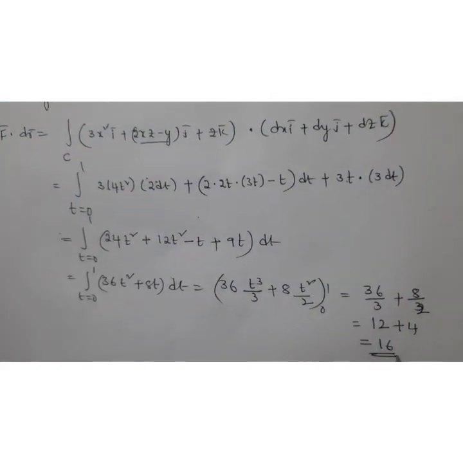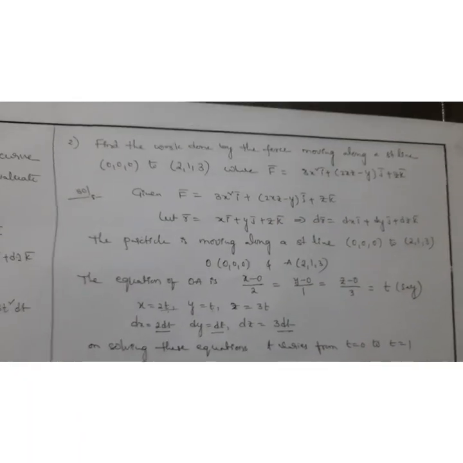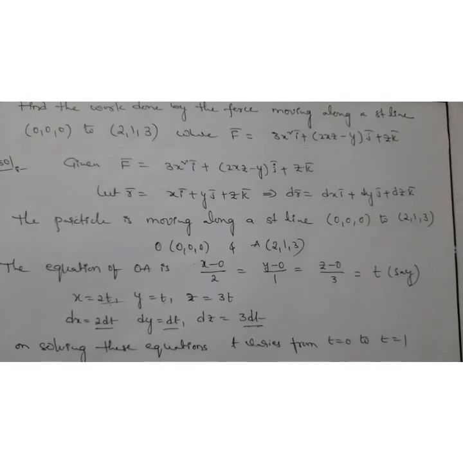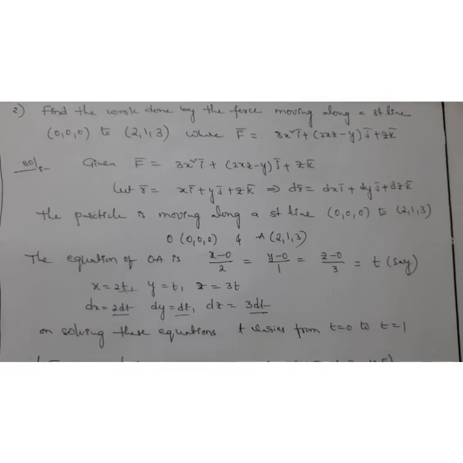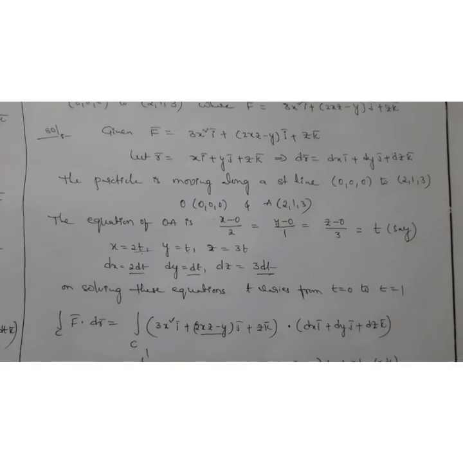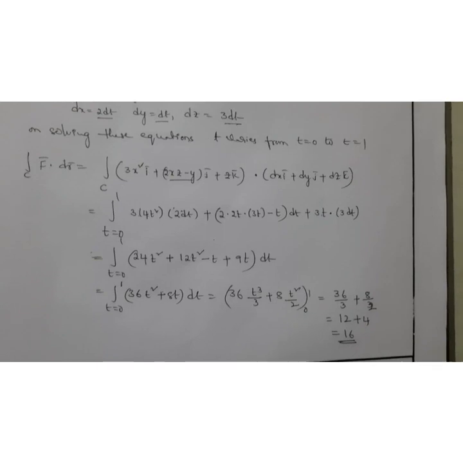Simplify that, we get the answer. This is the work done by the force along the straight line 0, 0, 0 to 2, 1, 3. This is another model to find the work done by the force or evaluate the integral over c of f bar dot dr bar.